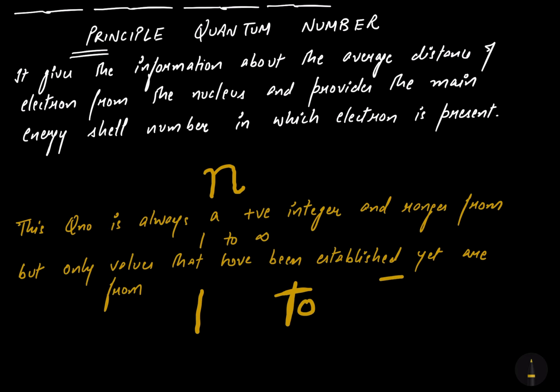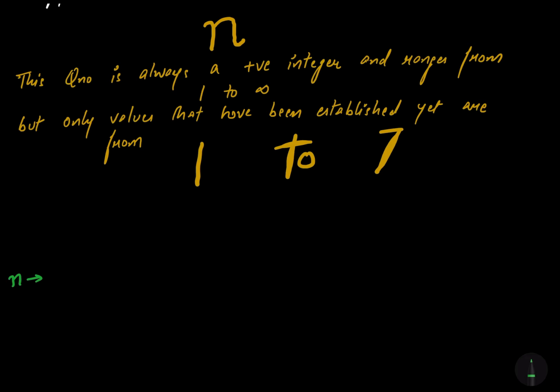So now let me write one thing. When the value of n ranges from 1 to 7, we have some other representations also. The shell numbers are 1, 2, 3, 4, 5, 6 and 7. The first shell has another name, capital K, the K shell.